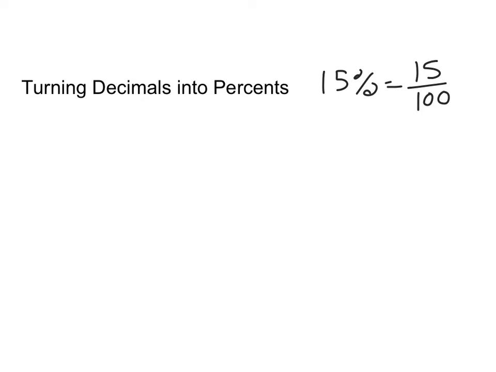So let's start by saying that we have the decimal 0.32. Well, if we want to get it to be a percent, then first we should turn it into a fraction out of 100. So this 0.32, we know that's 32 hundredths. So let's write it that way. 32 hundredths. Well, now it looks like a percent, right?